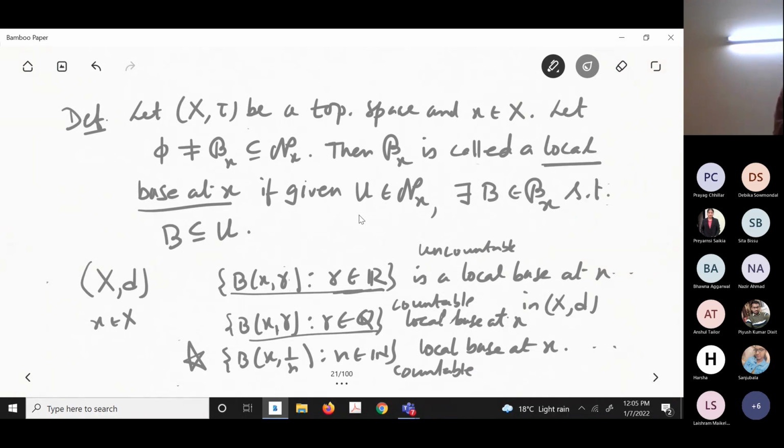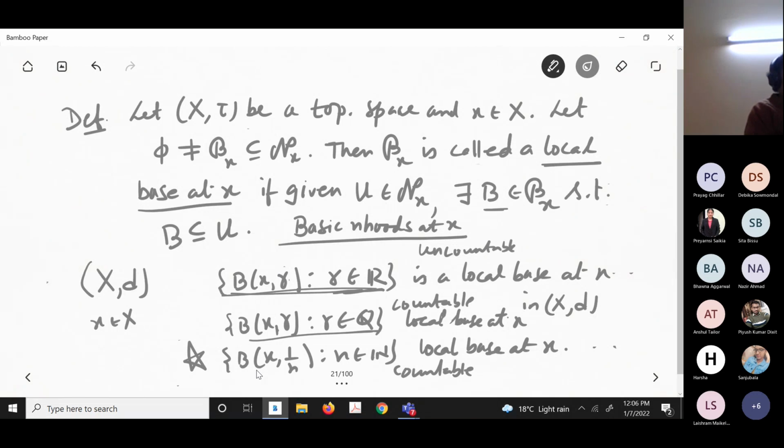The members of a local base are called basic neighborhoods at x. Once you have picked a local base at x, its members are basic neighborhoods of x.